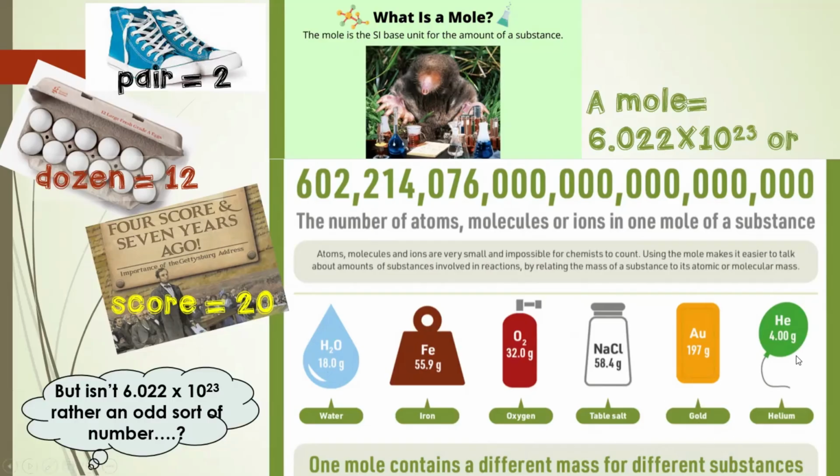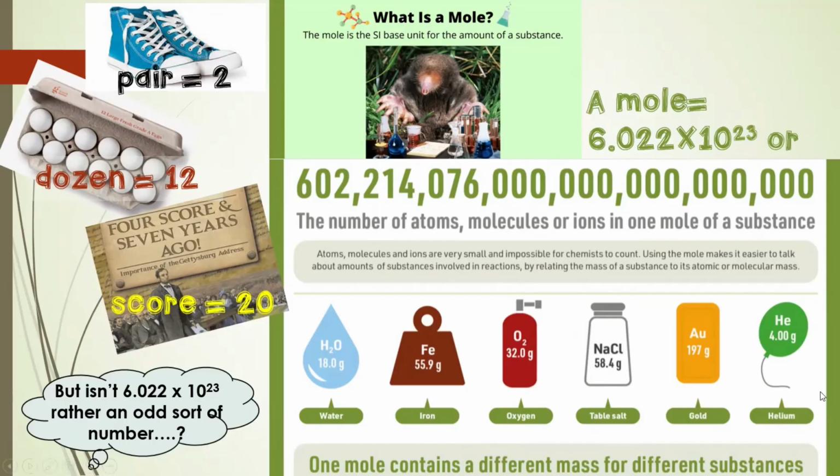So look at helium first. Element number 2 has an atomic mass of 4.003 atomic mass units. And here on this balloon, it's got 4.00 grams. Now, if you look at element number 79, gold, it has an atomic mass of 197.0 atomic mass units.